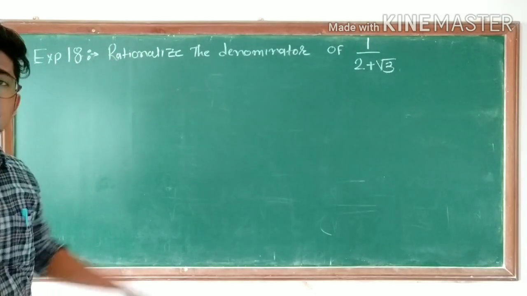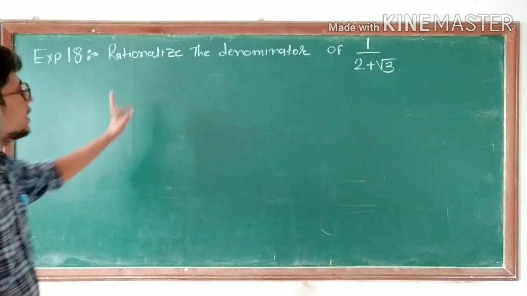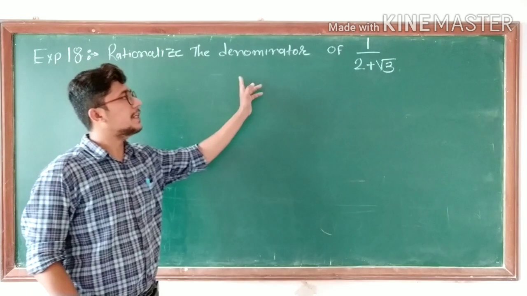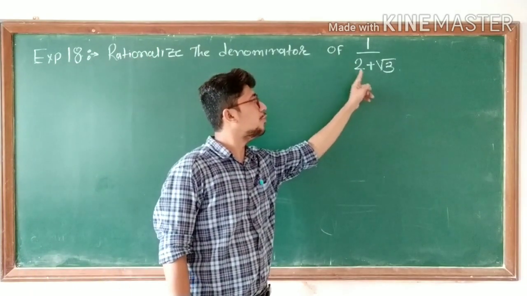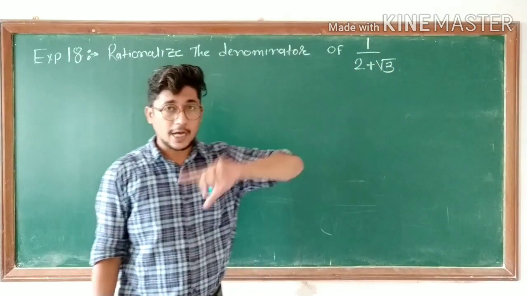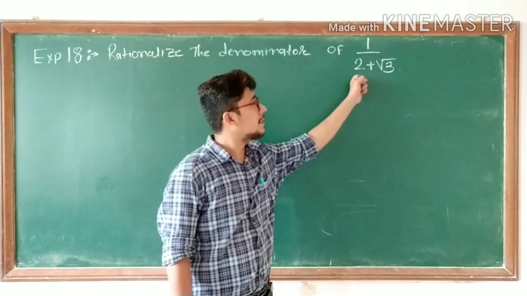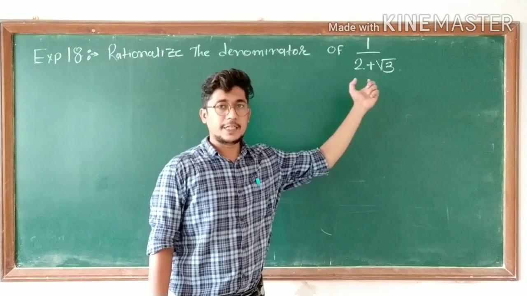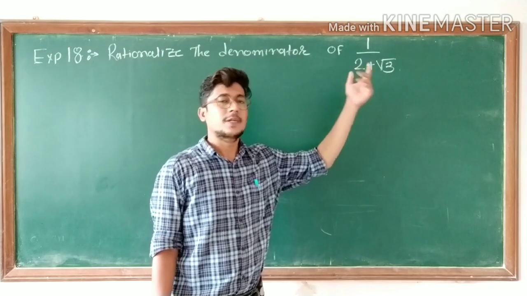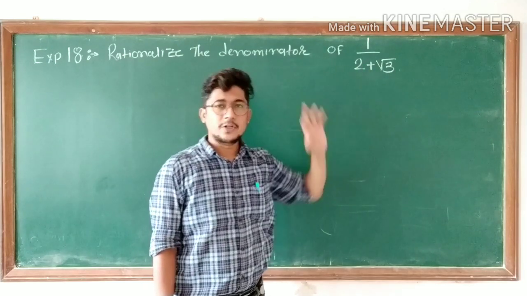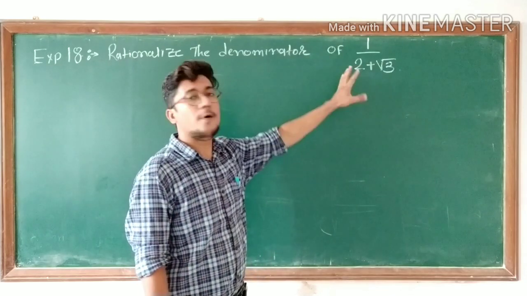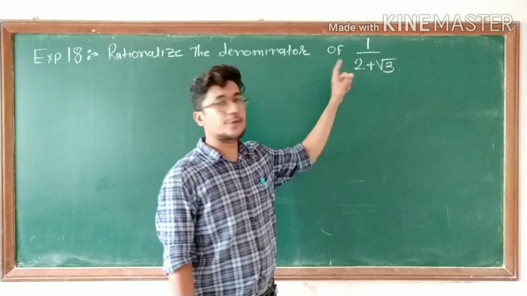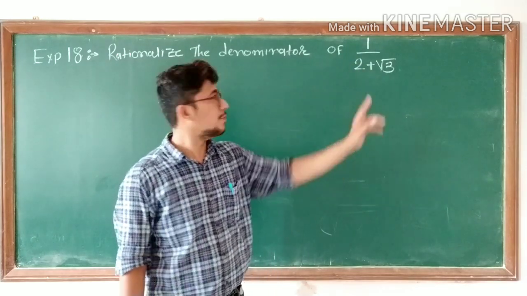So moving on to example number 18, what does it say? Rationalize the denominator of 1 upon 2 plus root 3. Now you can see that in the denominator there is an algebraic expression, with a plus or a minus. Here we have been given a plus. So how do we convert this rational number p upon q by rationalizing the denominator?